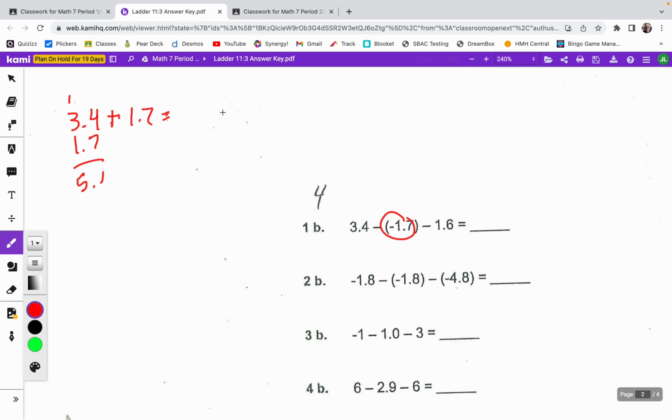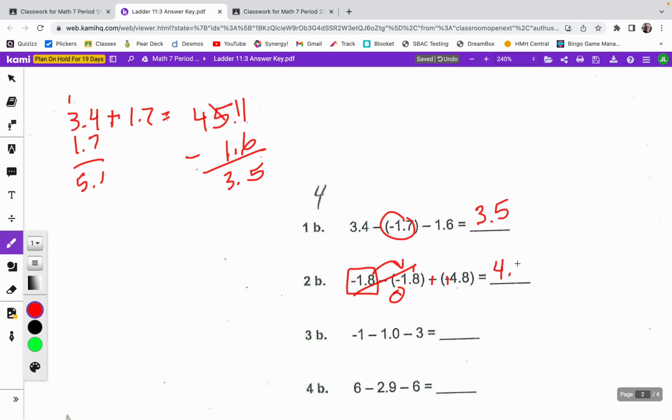So I'll rewrite this as 5.1 minus a 1.6. And I get 3.5. So this one is 3.5. This one's interesting because negative 1.8 subtract the same thing means that we're at 0. 0 minus a negative 4.8 is the same as adding the opposite of that, so the answer on this is 4.8.